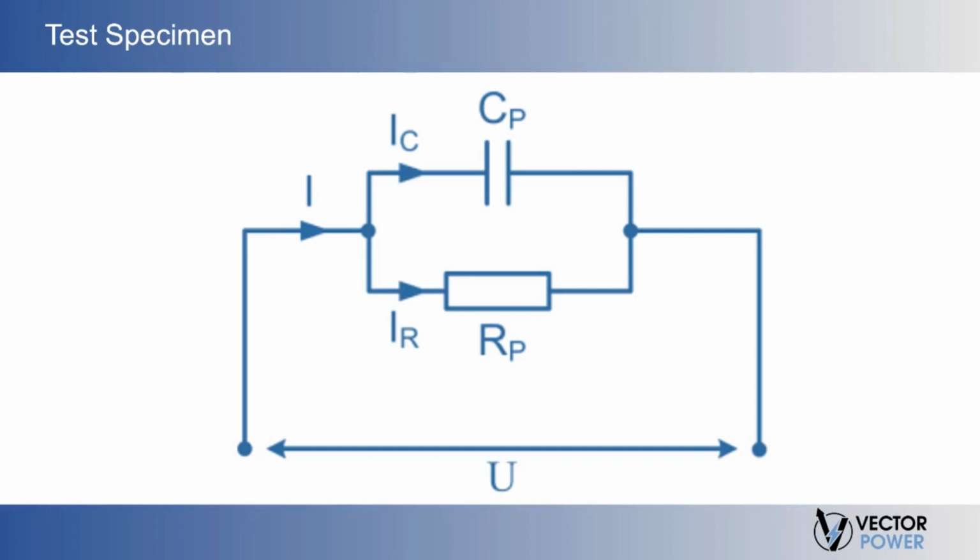This equivalent circuit is repeated here, showing the various parameters of current with respect to the applied test voltage, where V is the test voltage, I sub T is the specimen total current, I sub C the capacitance or quadrature component of the total current, I sub R the resistive or in-phase loss component of the total current, C sub P the equivalent parallel capacitance of the insulation specimen, and R sub P the equivalent parallel resistance of the insulation system.